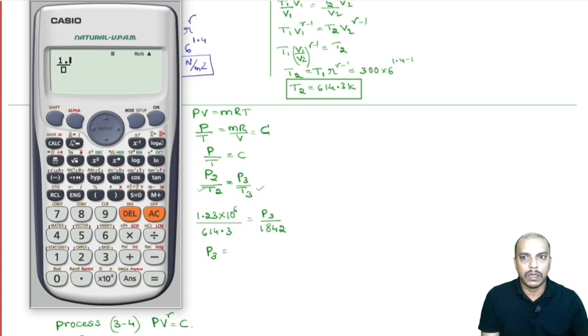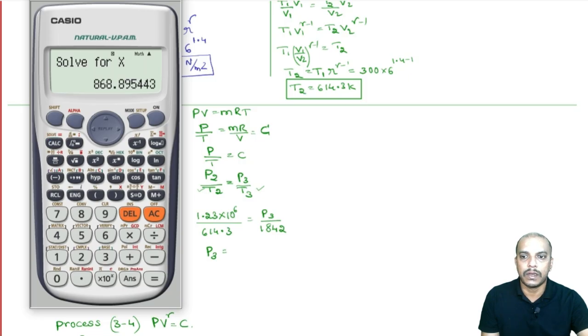So, 1.23 into 10 power 6 divided by 614.3 equals x divided by 1842, where the only unknown is x.